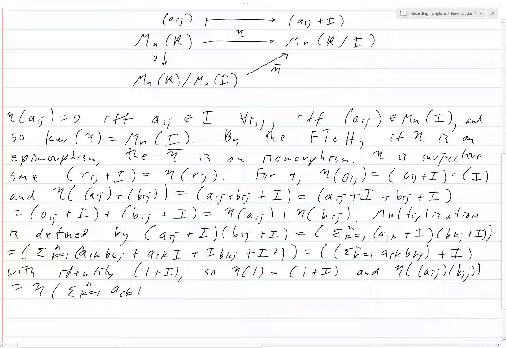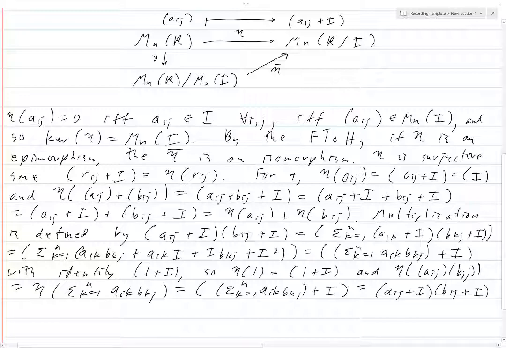This is just (A_ij + I)(B_ij + I), which, as it turns out, is eta(A_ij) eta(B_ij). Thus, eta is a ring epimorphism.